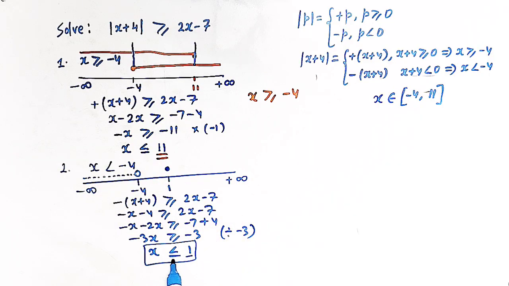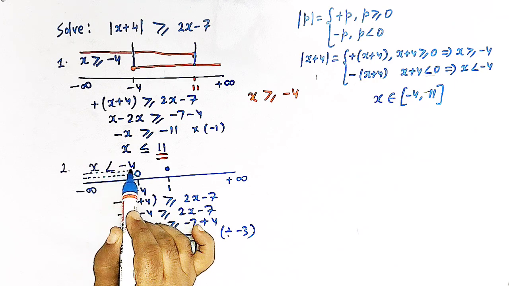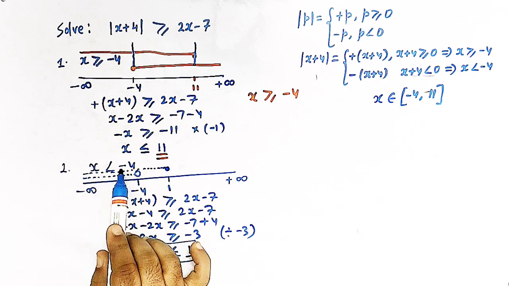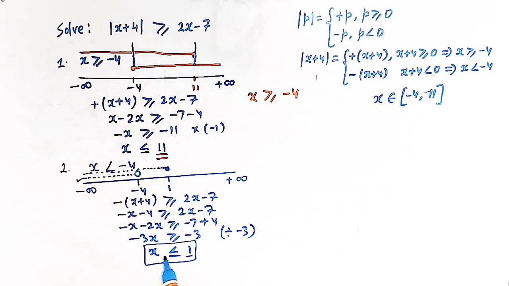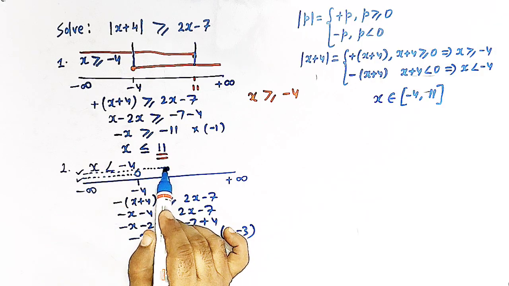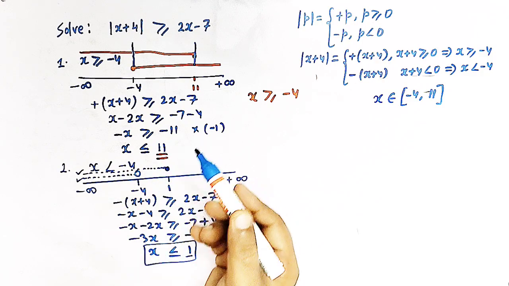So now x less than -4 is represented by this region, and x less than or equal to 1 is represented by this region, and here we have the dark circle which represents that 1 is also included.